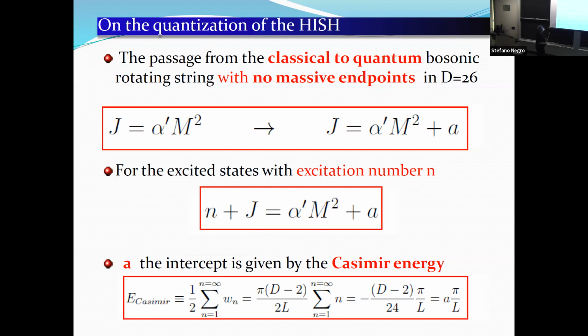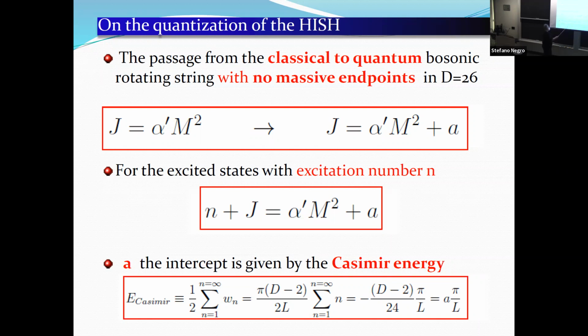So okay, let's start with the ordinary string with no massive endpoints. Then the classical rotating string goes into this famous Regge trajectory. If it's not in the ground state, it's in an excited state. That's the expression, the quantum expression. And this A, the intercept, is in fact the Casimir energy.